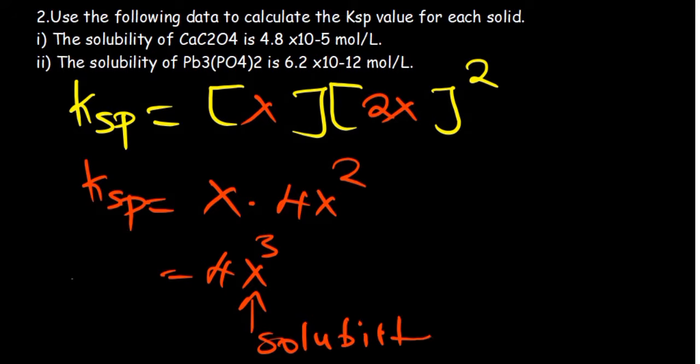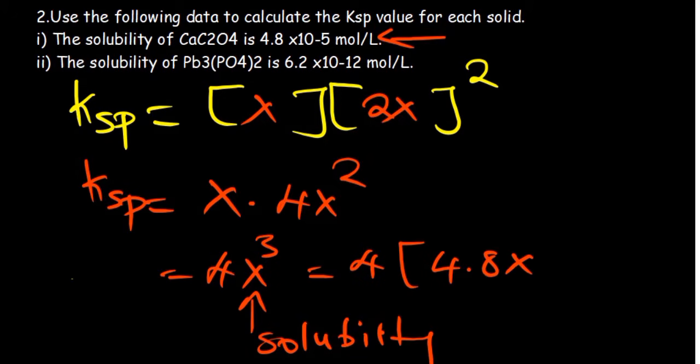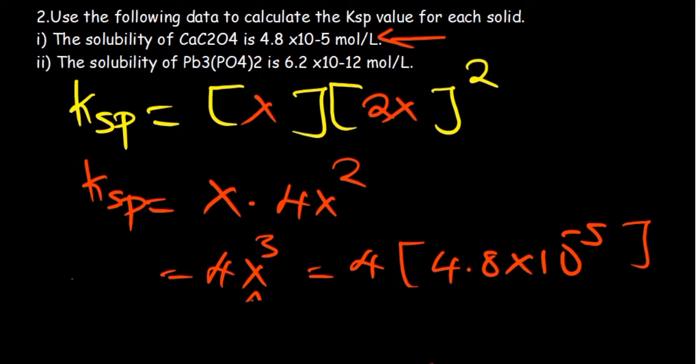So in the question, they've given us the solubility, which is concentration, of course. So all you'd want to do is just substitute the given value, 4.8 by 10 to the power negative 5, and then we can now find the KSP. So grab your calculator there. 4.8 by 10 to the power negative 5, multiply by 4.